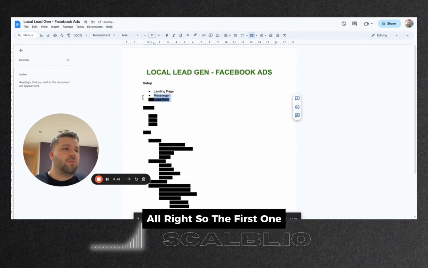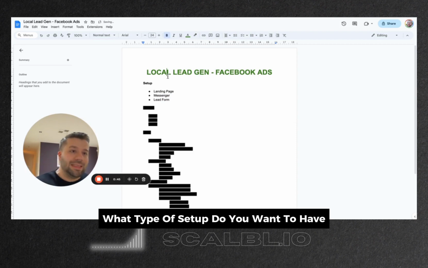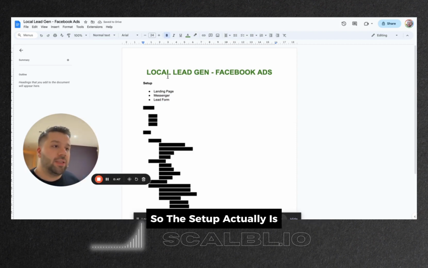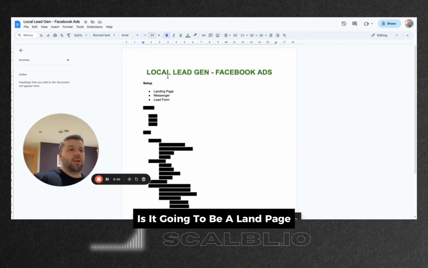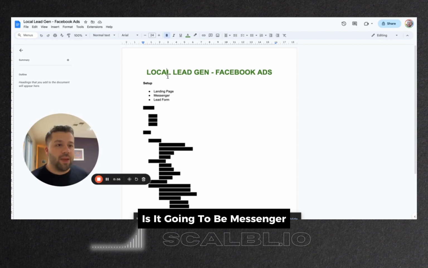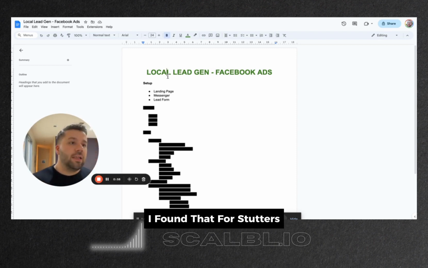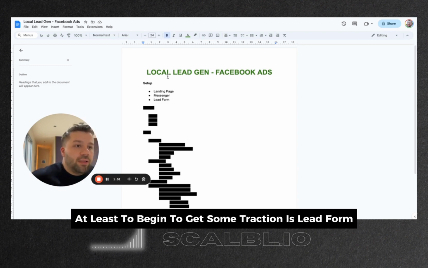All right, the first thing you want to think about is what type of setup you want to have. The setup is the conversion mechanism. Is it going to be a landing page? A lead form? Messenger? I've found that for starters, the best you can work with to begin to get some traction is lead form.